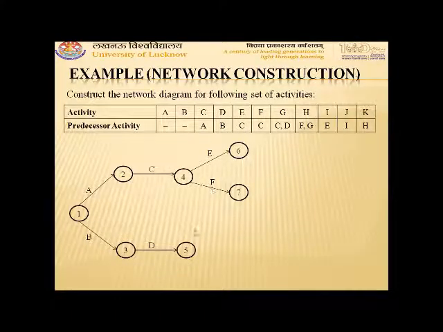So we use a dummy activity here since for G the predecessors are C and D both. Then we join C and D, that is events 4 and 5, by a dummy activity.